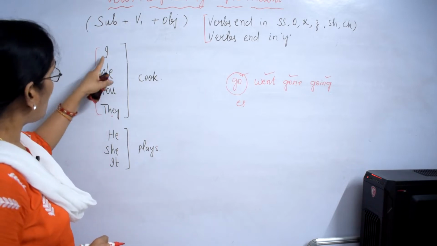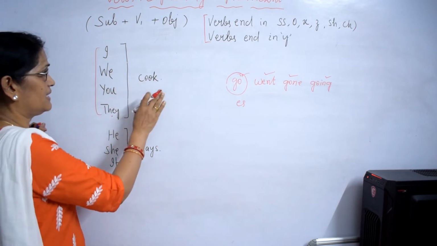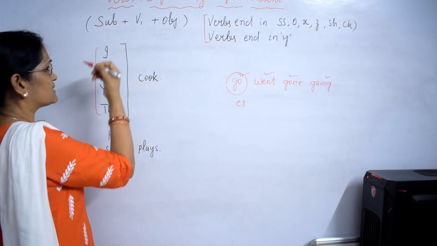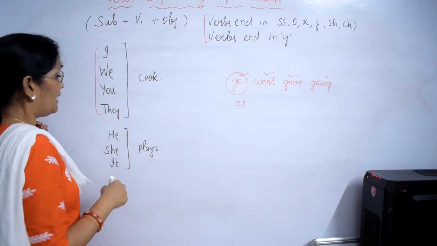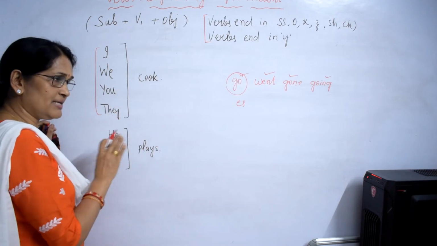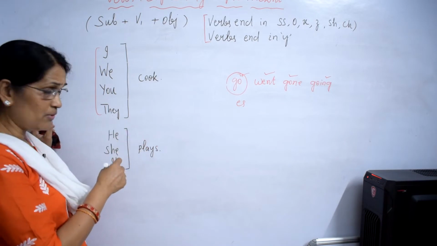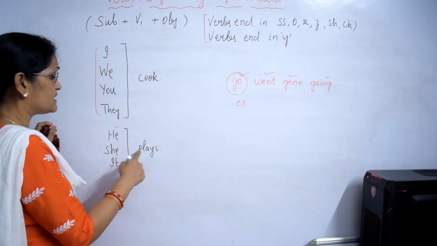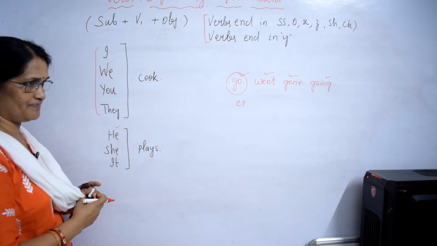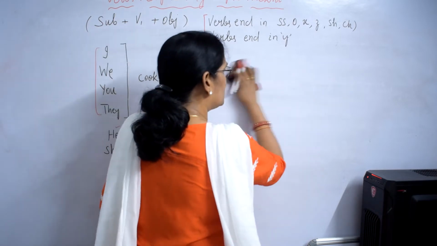So we use the verb without s or es with the subjects I, we, you and plural subjects. And we add s or es or ies with the verb if the subject is singular: he plays, she plays, it plays.